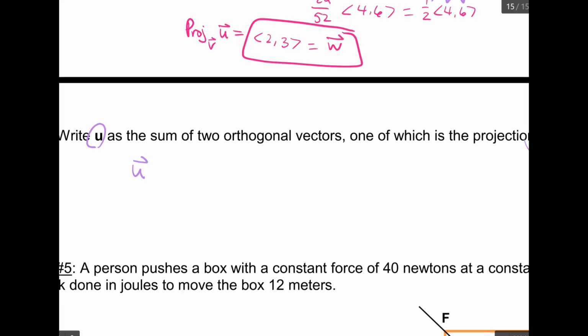So I have vector U equal to vector W plus vector Z. I don't know what Z is. We're going to solve for it because it said one of the two vectors had to be my projection.